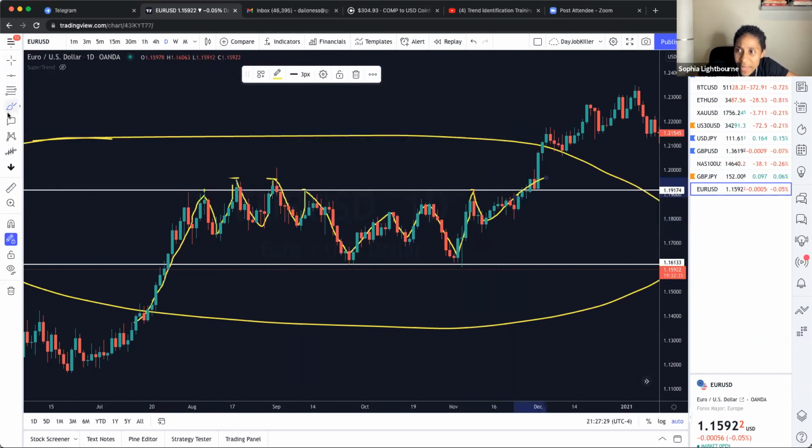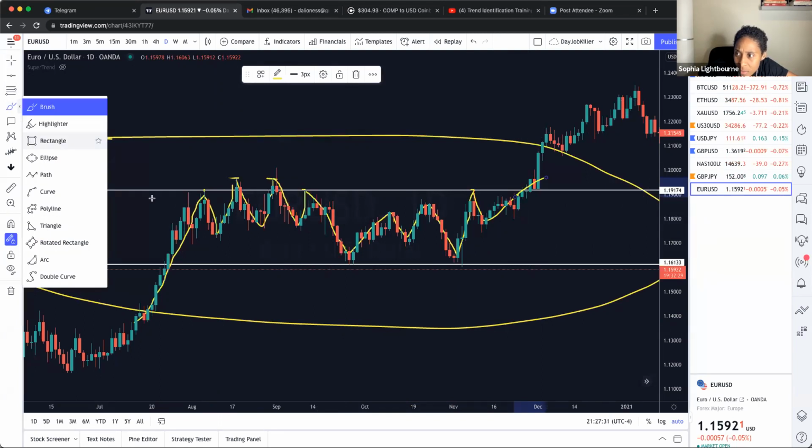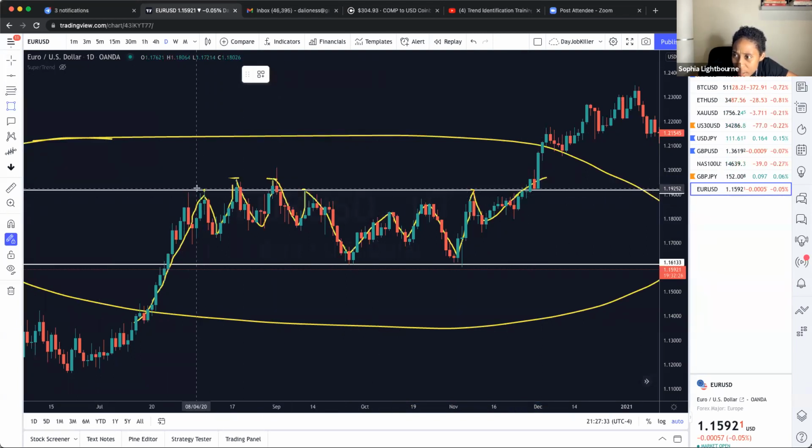So what would be a good zone here, guys, is this. The lowest point is on this white line, because this is where I made those little marks. And the highest point is this part. So your zone will be like this.